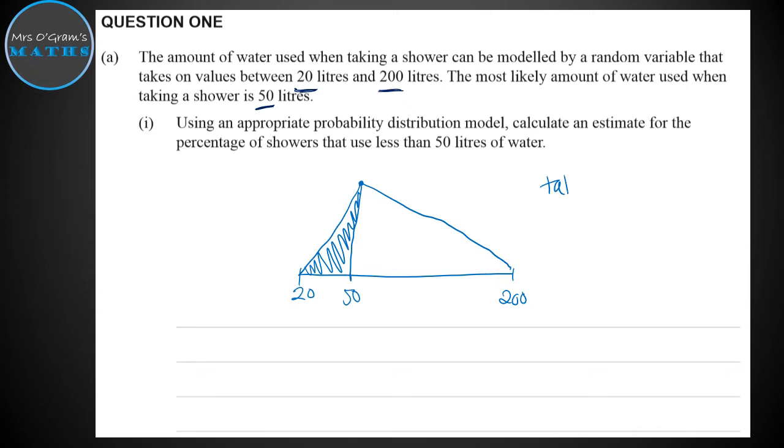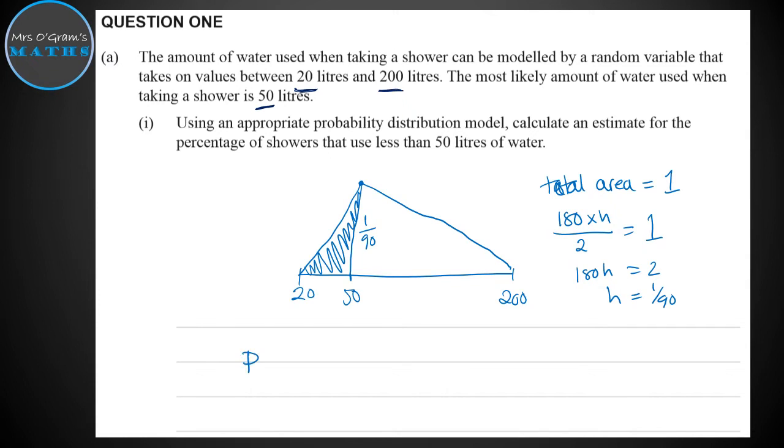So remember, the total area of that probability distribution will equal 1. So that triangle is 180 wide, multiplied by the height we don't know, and divided by 2 will equal 1. This will help us to work out the height. So 180h will be 2, h will be 1 over 90. So this bit just here, that height is 1 over 90.